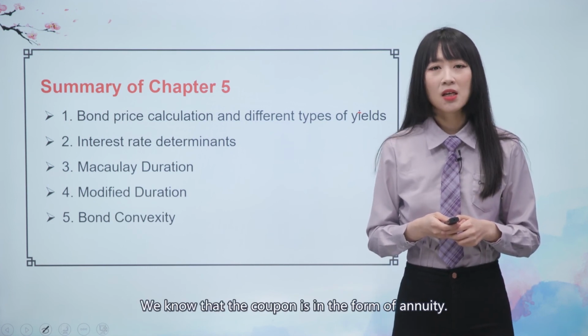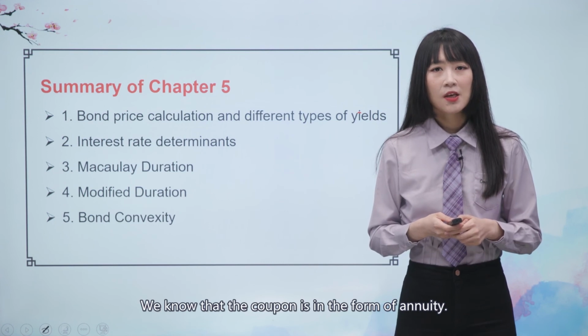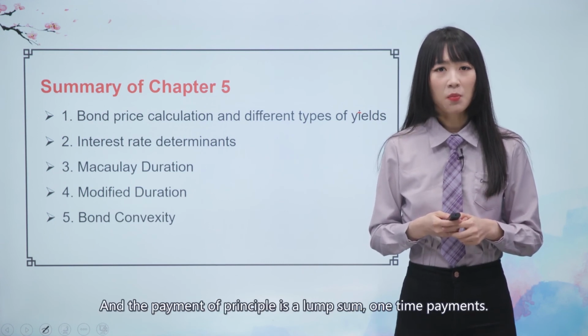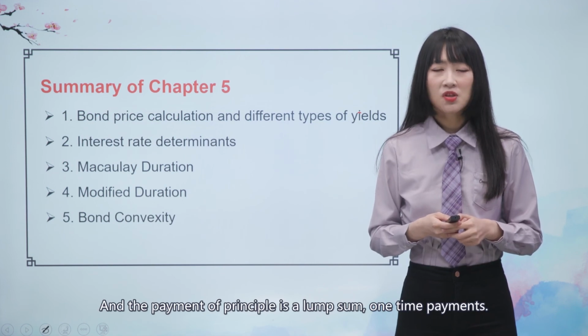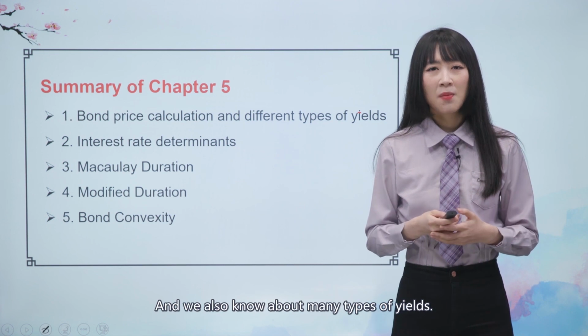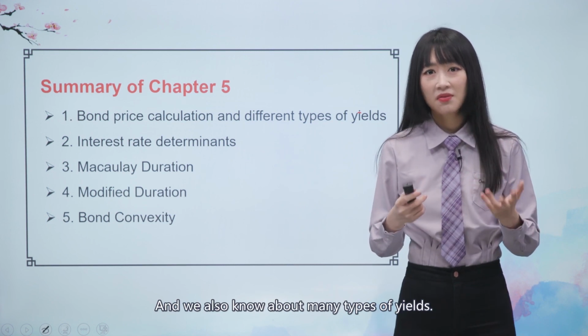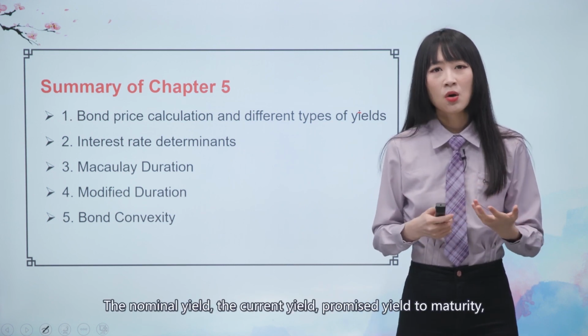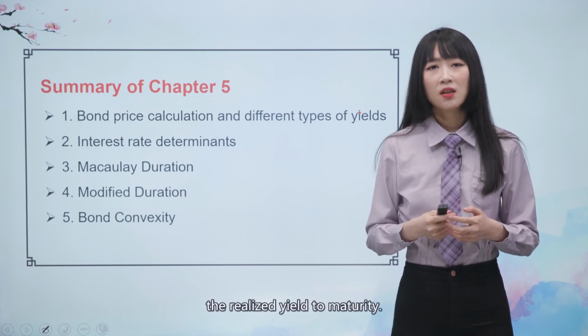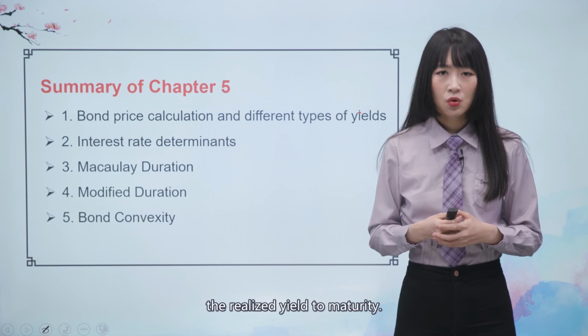The coupon is in the form of an annuity, and the payment of principal is a lump sum one-time payment. And we also know about many types of yields: the nominal yield, the current yield, the promised yield to maturity, and the realized yield to maturity.